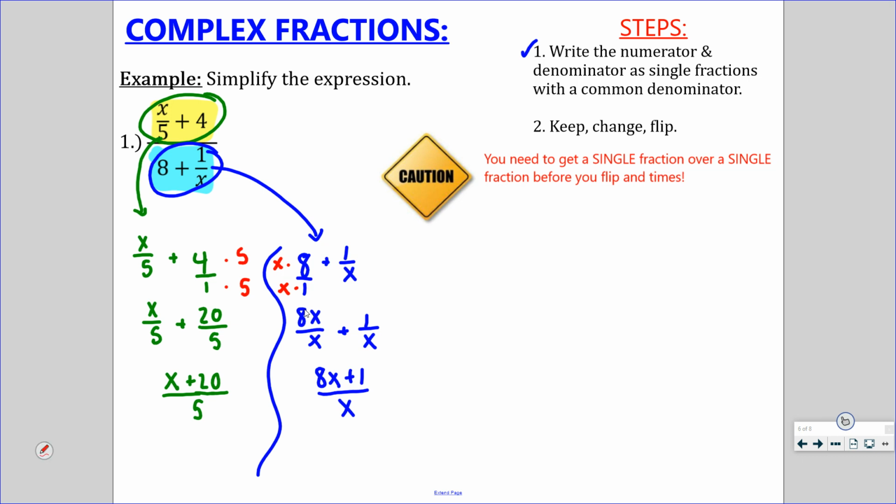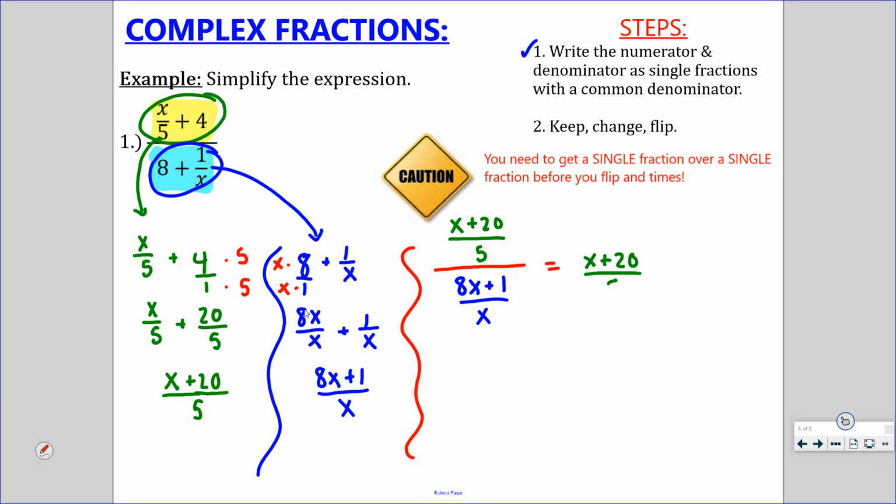So now what I'm going to do is rewrite this complex fraction with x plus 20 over 5 as my numerator, all over my denominator as a single fraction, which is 8x plus 1 over x. And now this is just a glorified division problem, right? So now we can keep the first fraction, x plus 20 over 5.